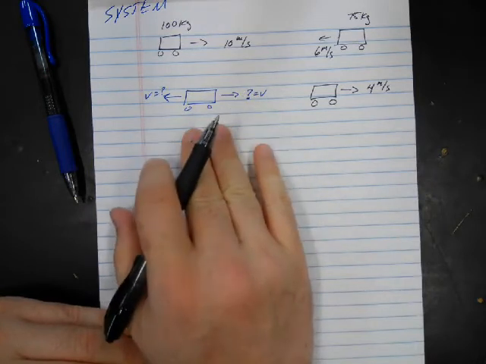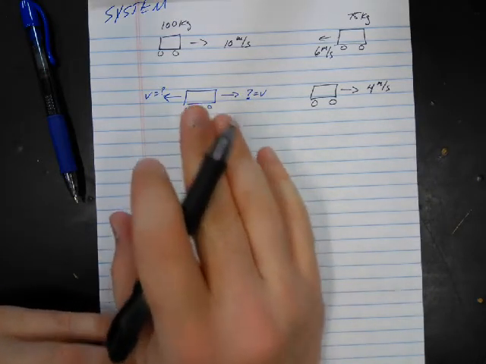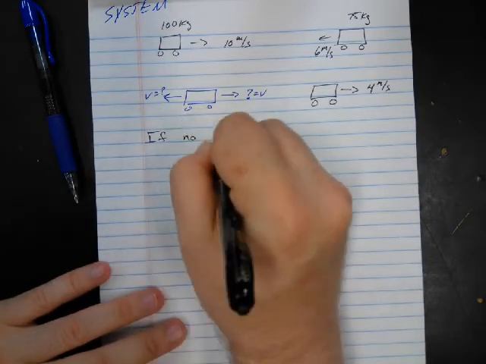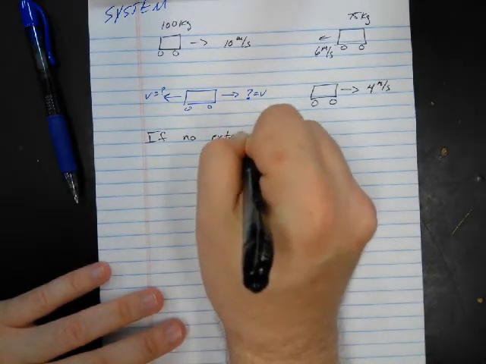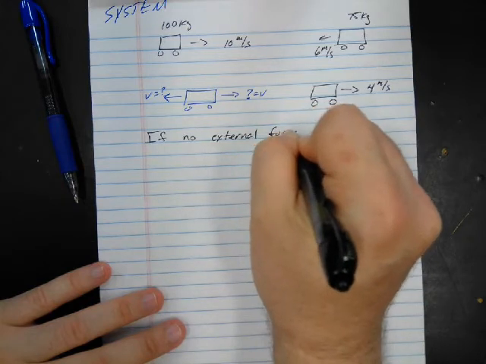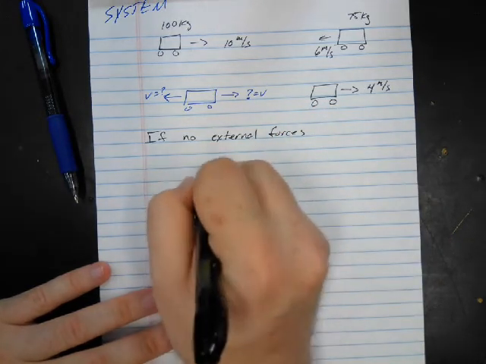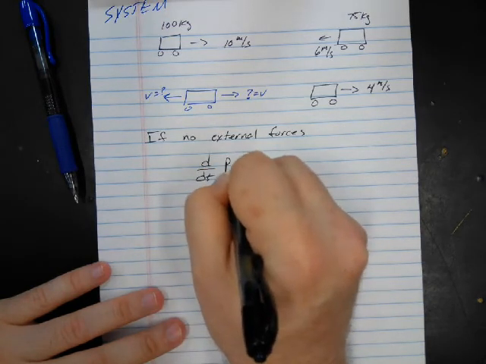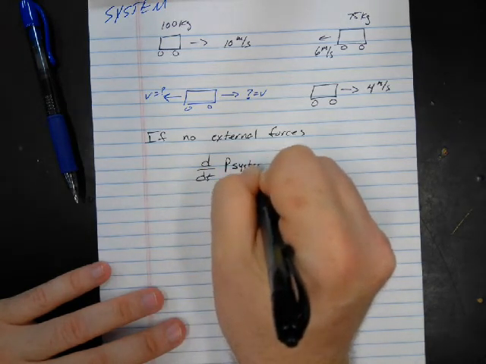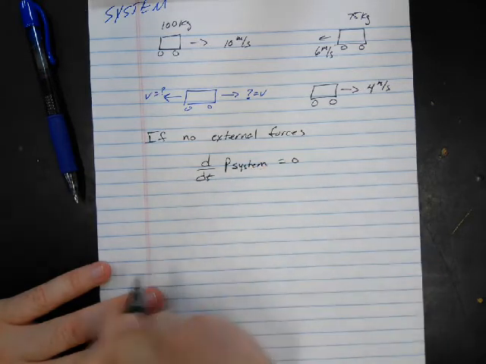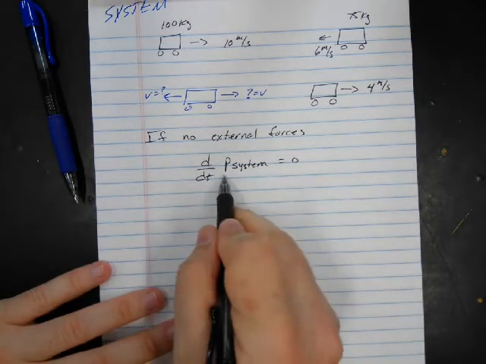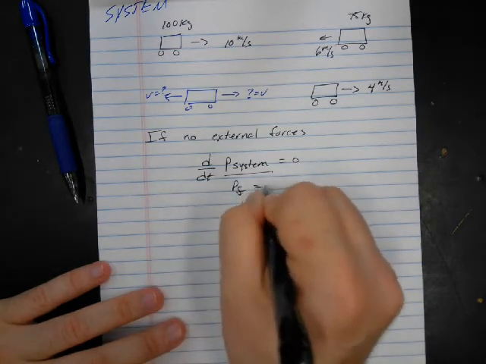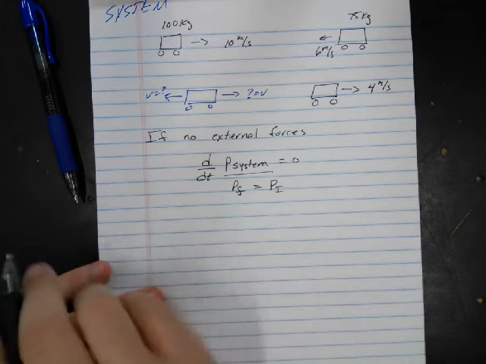So if there's no external forces, then we can write that the derivative of the momentum of the entire system is 0, which means that the momentum is a constant. That means we can write P final is P initial for the entire system.